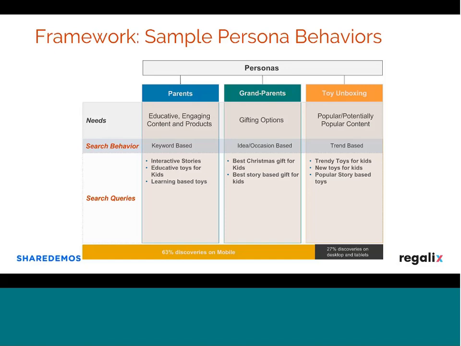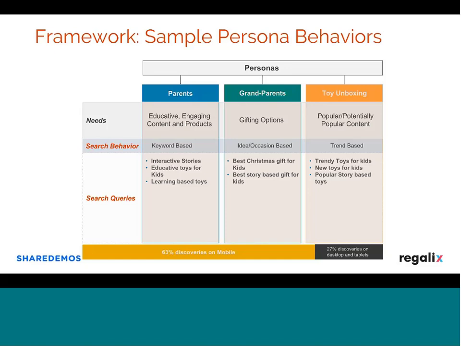With the advent of smartphones, obviously people are discovering more and more on mobile, and that is what prompted Google to come up with various algorithms and improve their UI and search completely on mobile. In this case, we found that 63% of discoveries were happening on mobile for these kinds of products. Whether you go to Toys R Us or Disney or wherever, people go from mobile and start buying things.